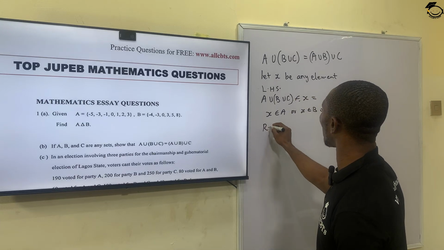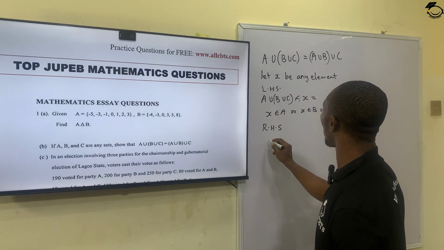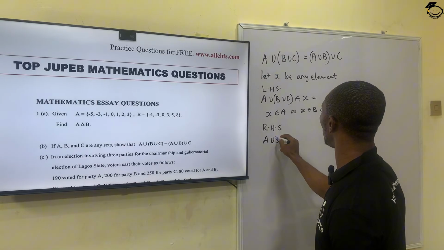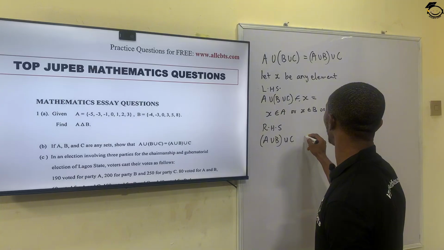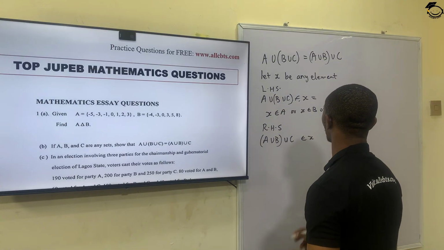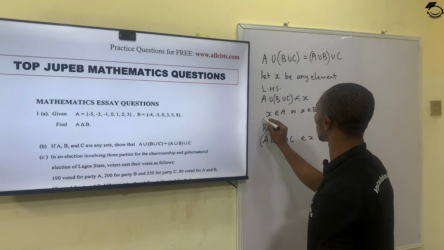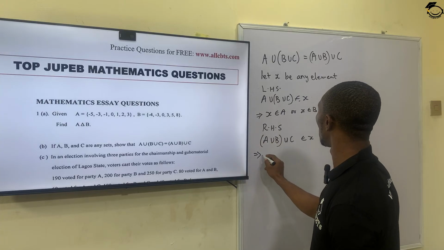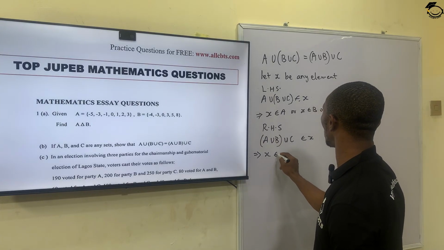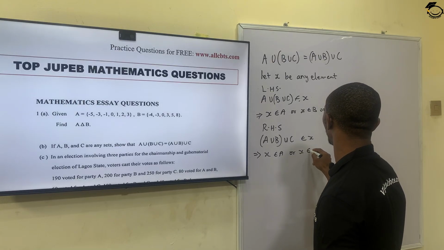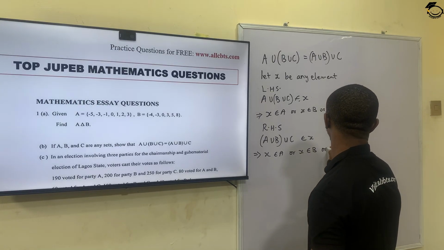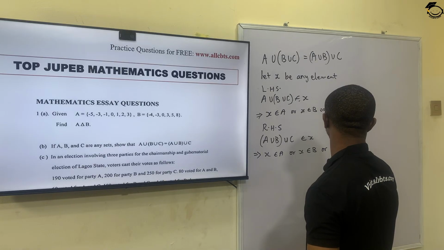For our right-hand side, we have (A union B) union C, with X also as our element, which gives us X as an element of A, or X as an element of B, or X as an element of C.